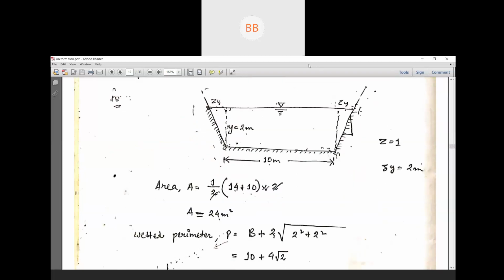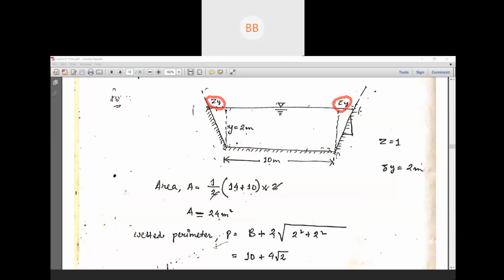So here the side slope is given 1 is to 1. So we can directly consider Z is equal to 1. So this is your ZY and this is also ZY. To find out the area, we need both bottom width and top width of the channel. So sum of the parallel sides divided by 2 multiplied by the vertical distance.